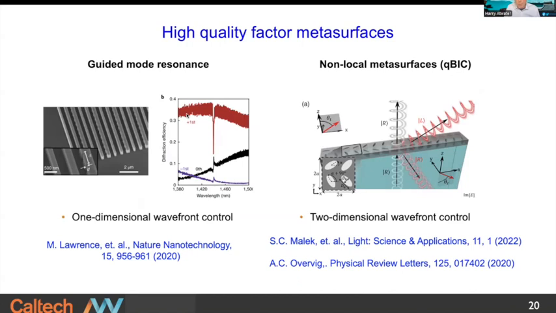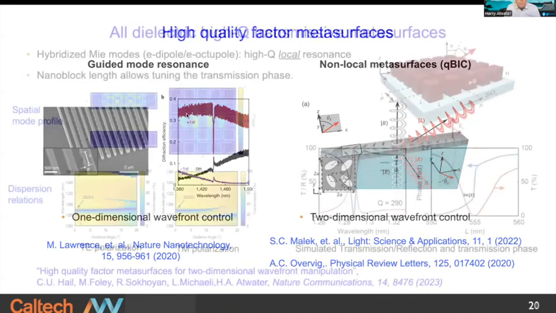The design from the Andrea Alù group, shown on the right, a non-local quasi-BIC metasurface design, has a slightly lower Q factor, but allows for 2-dimensional wavefront control. This one also doesn't feature an arbitrarily reconfigurable structure.